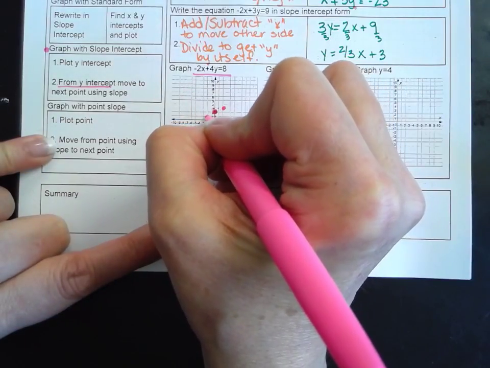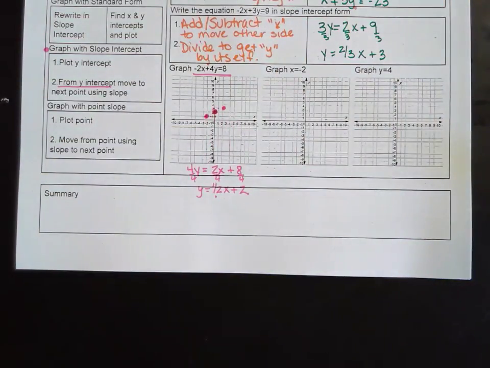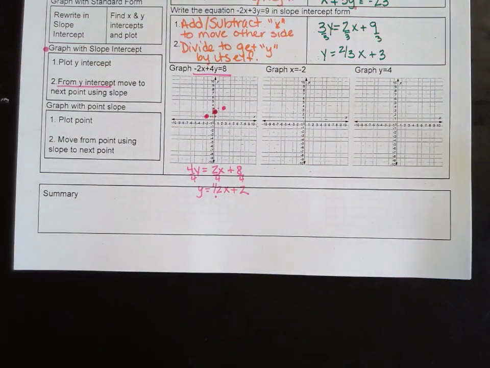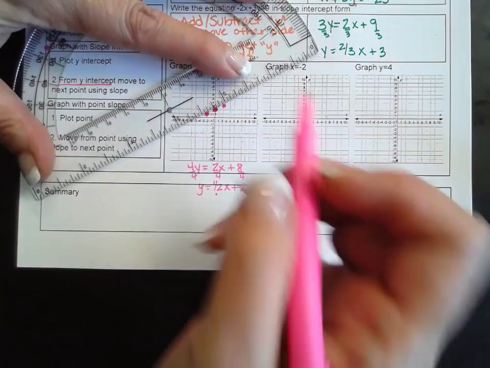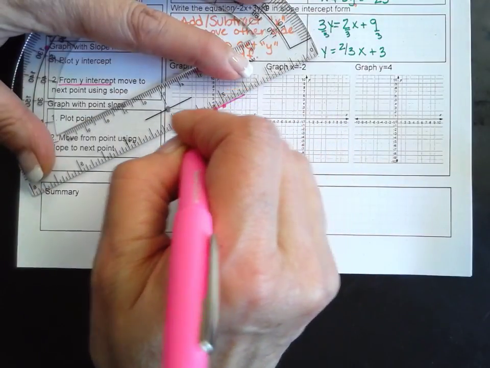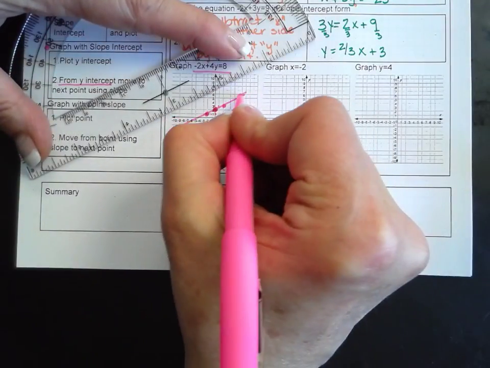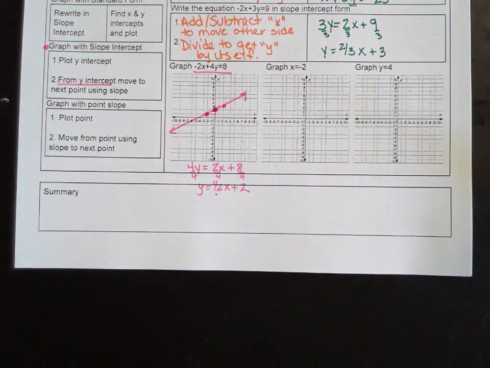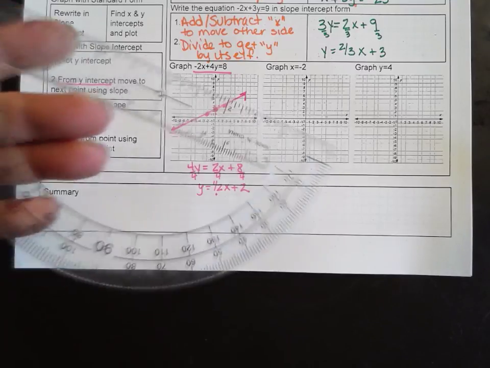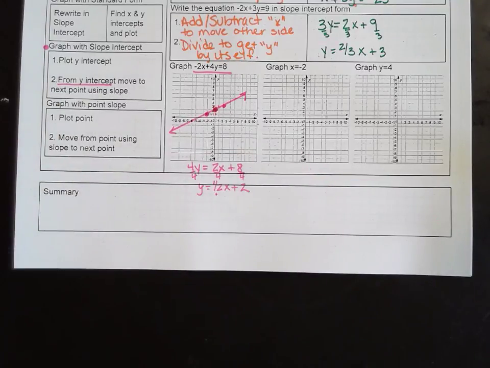Then I go left 2. And then I take my handy dandy protractor so that I can draw a straight line. Are we going to start using protractors? No, I just have it in front of me. I use it for my ruler all the time.